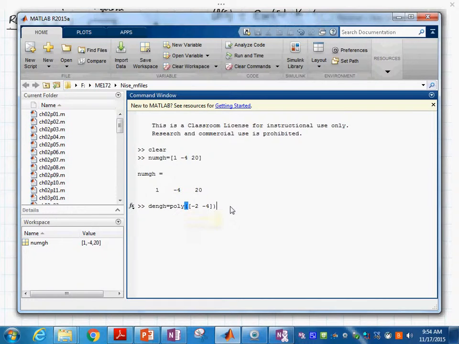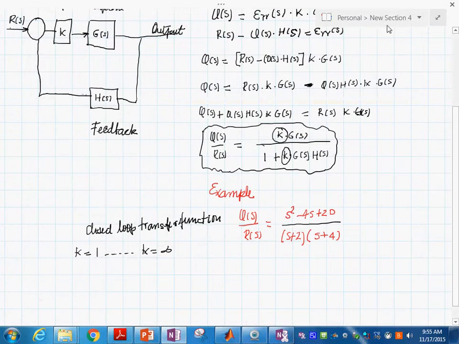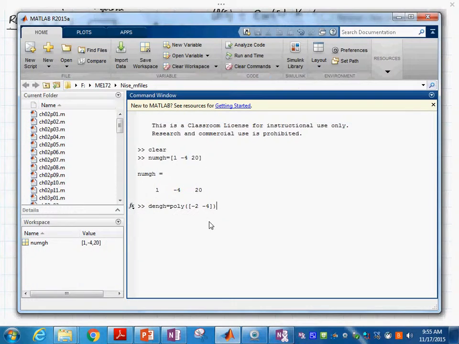Does everybody see why I'm saying roots -2 and -4? Let me bring it back. See here? If you set this to 0, s equals -2 and s equals -4 are the roots. So we specify it that way. And MATLAB also converts it into a polynomial.